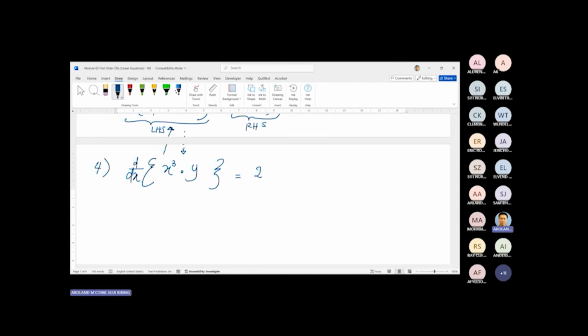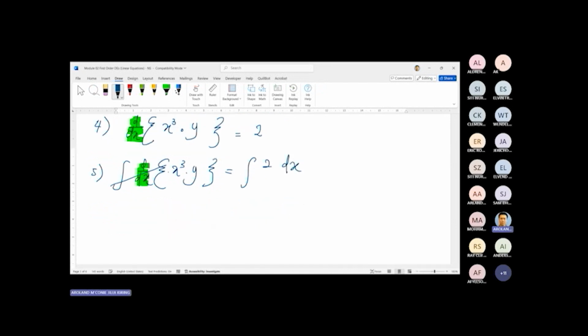Now we go to step 5. In step 5, we want to get rid of the differentiation here. To do that, we apply integration to both sides of the equation. When we apply integration, we want to get rid of the d over dx, so we integrate with respect to dx.